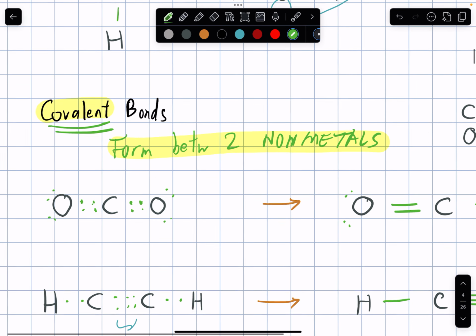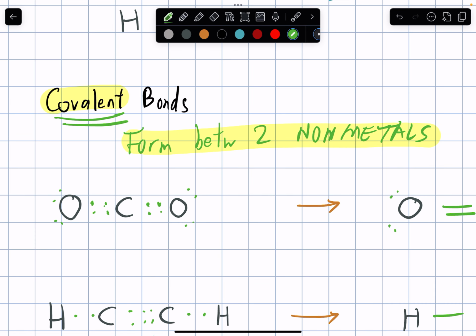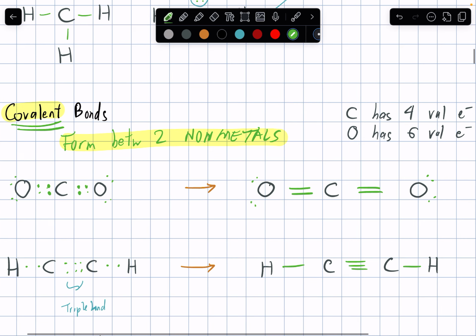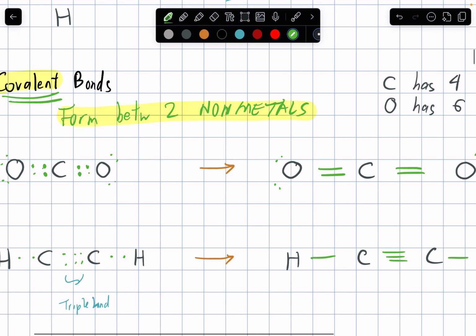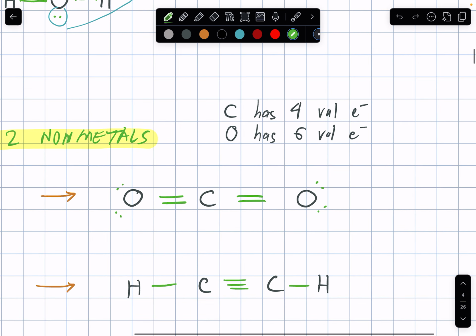Carbon has 4 valence electrons. So just this 1, 2, 3, and 4. Oxygen has 6 valence electrons. So initially the ones that I encircled belong to oxygen. So once they merge, so that. So we have double bonds. What's left as lone pairs are the ones here.